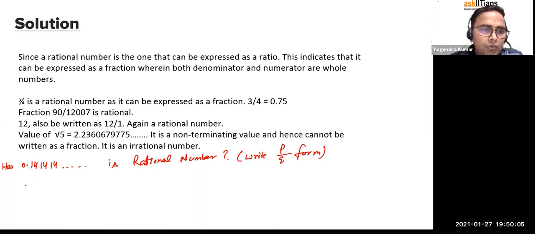So what do we do here? Let's say this number is some x. So x is 0.141414.